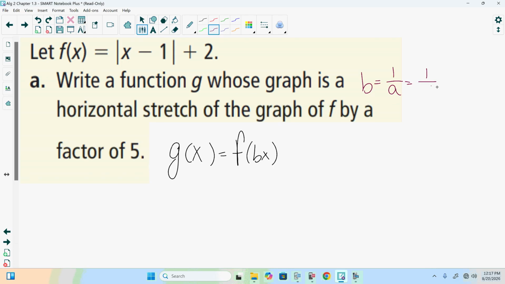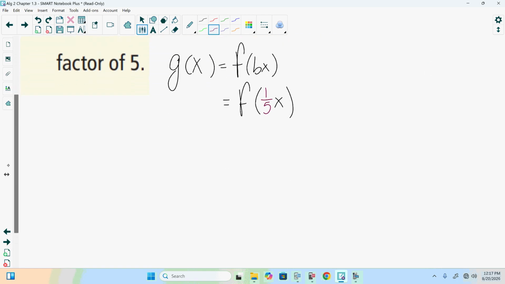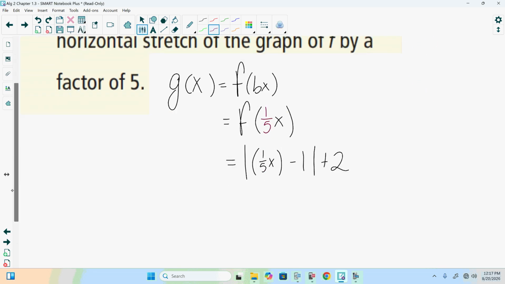So this would be 1 over 5. And just like the previous one, we have f of 1 over 5x.